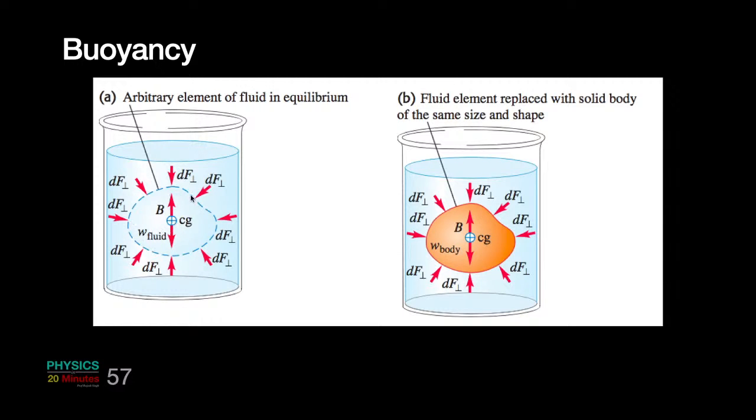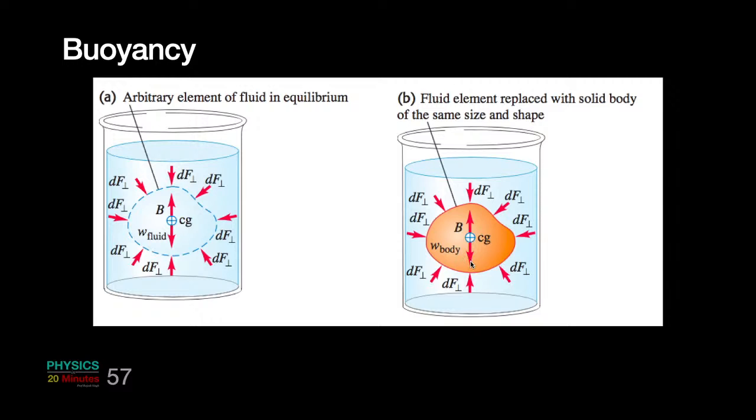But now the fluid is gone and you have a solid. Now the solid may have a higher density than the liquid element, or it may have lesser density. Depending on the density of the solid, that will decide how much weight the solid is exerting downward, or how much is the force acting downward.